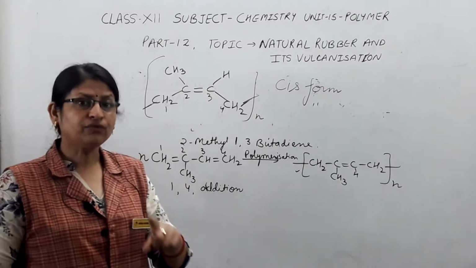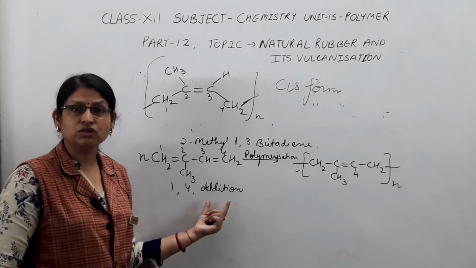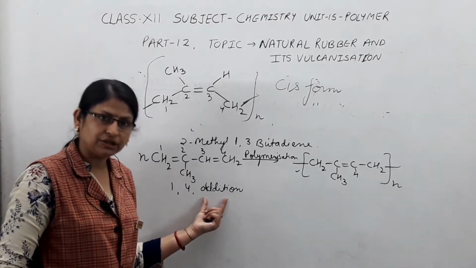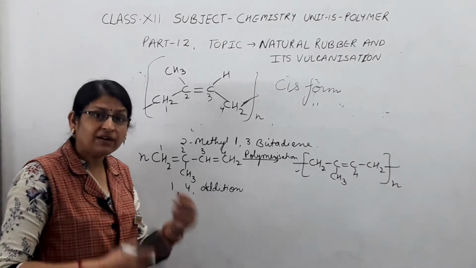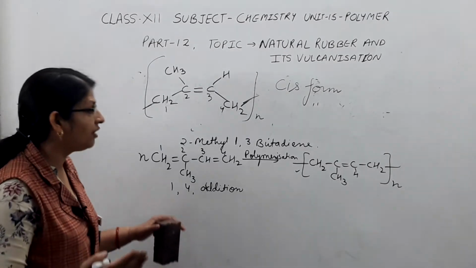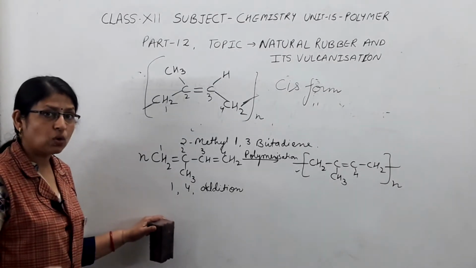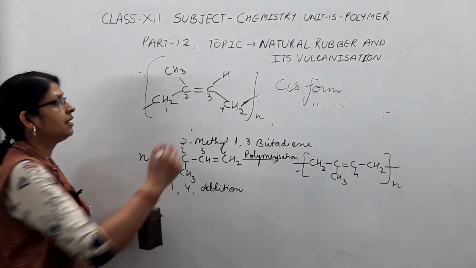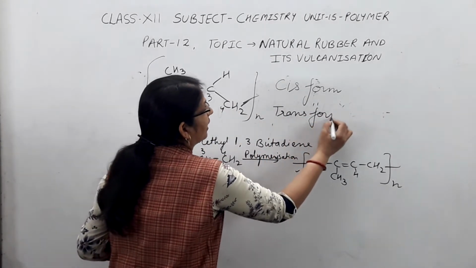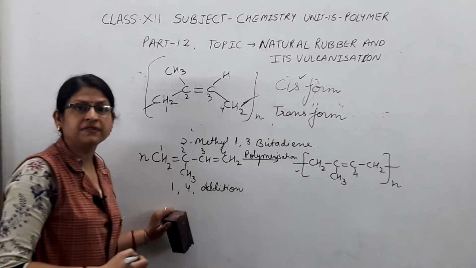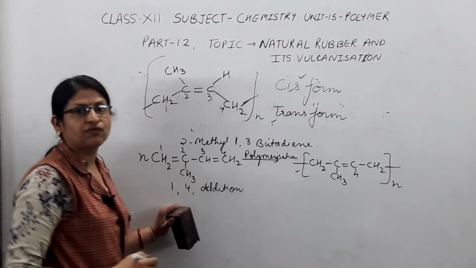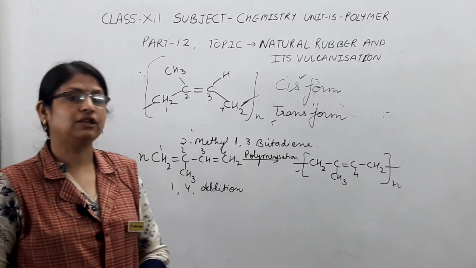The form synthetically formed from isoprene is known as gutta percha. When it is prepared synthetically, it is known as gutta percha, and the form is trans. You learn it: natural rubber is obtained in cis form; synthetically made, it is trans form. So it is all about natural rubber.